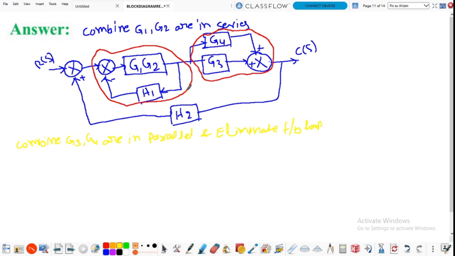This is the minor feedback loop, and these are the parallel blocks, and this is the equivalent diagram.